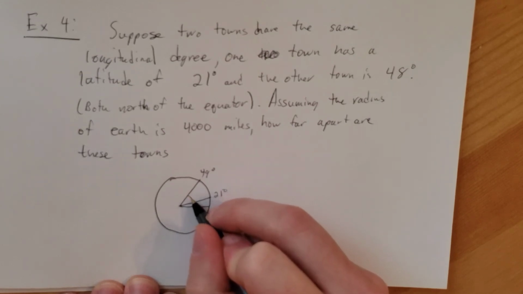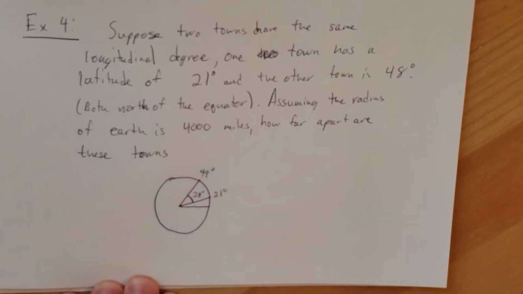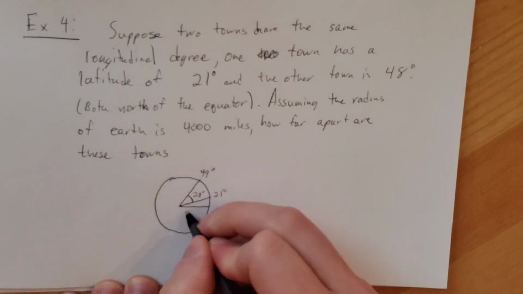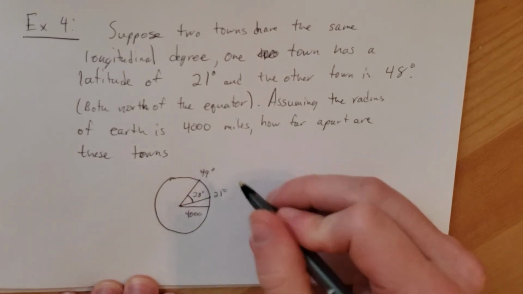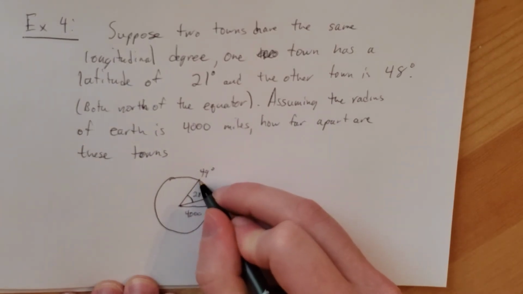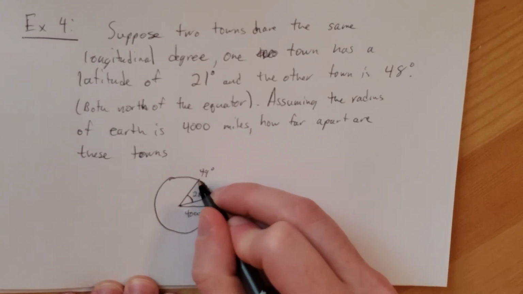So the angle between the two is 28 degrees. And if the angle between the two is 28 degrees and the radius is 4,000 miles, then we can calculate the angle, or the length here.